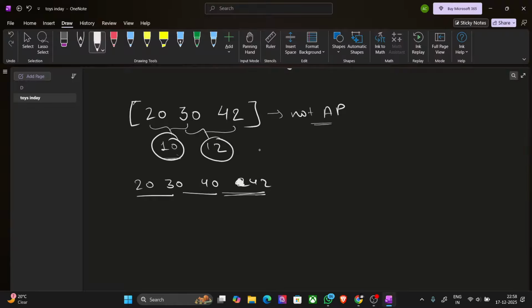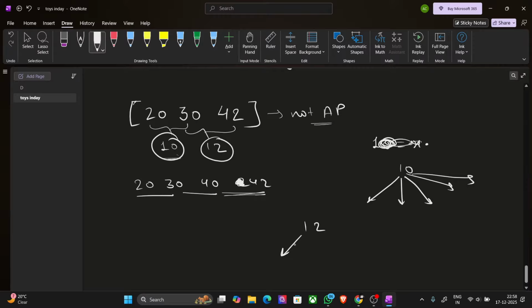So I have to divide 10 in such a way. Let's write 10 as some x into y. I can break down 10 into some parts, right? I can also break down 12 into some parts.